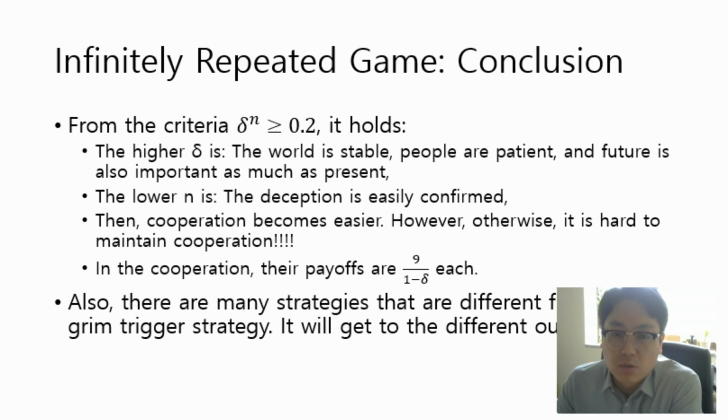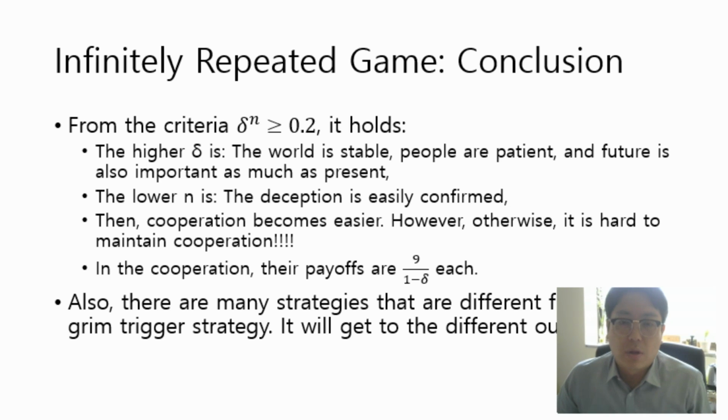The future is also as important as the present. Then they can have cooperation. And also, a society should be very credible. If one guy deceives another guy, that deception should be easily confirmed by the society. That is the meaning of the low n. Then maybe cooperation becomes easier and it would be possible. In that situation, their payoffs are 9 over 1 minus delta each.